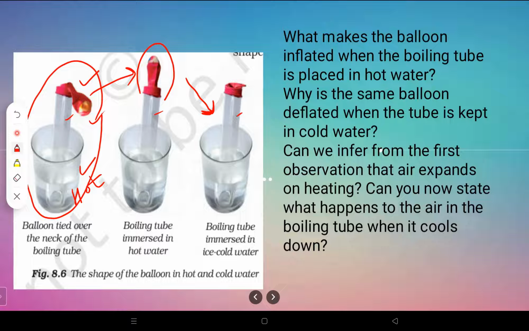That's why when we put the balloon and tube in the hot water, it got inflated. And when we put it into cold water, it got deflated. Do you understand? Yes, ma'am. Okay. Let's move forward.